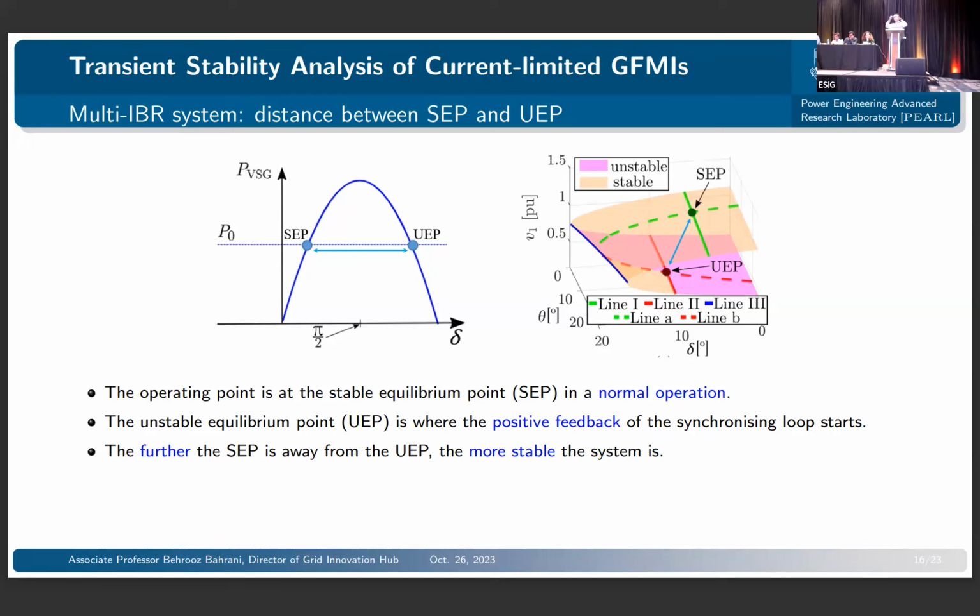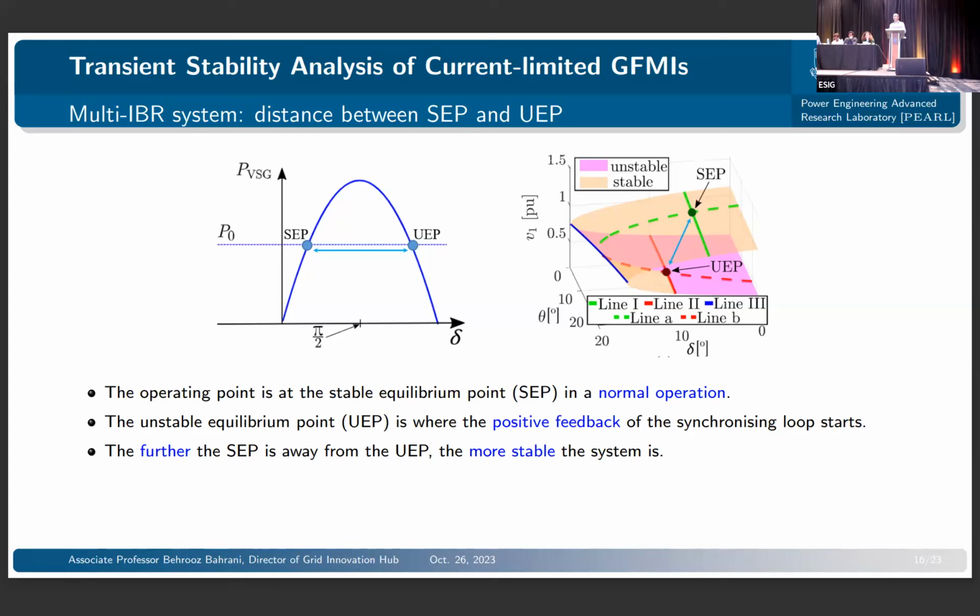For example, let's say you've got 20 IBRs in that radial network, some of them grid forming, some grid following, and you know the impedances in between them. It will tell you the distance between the SEP and its UEP.